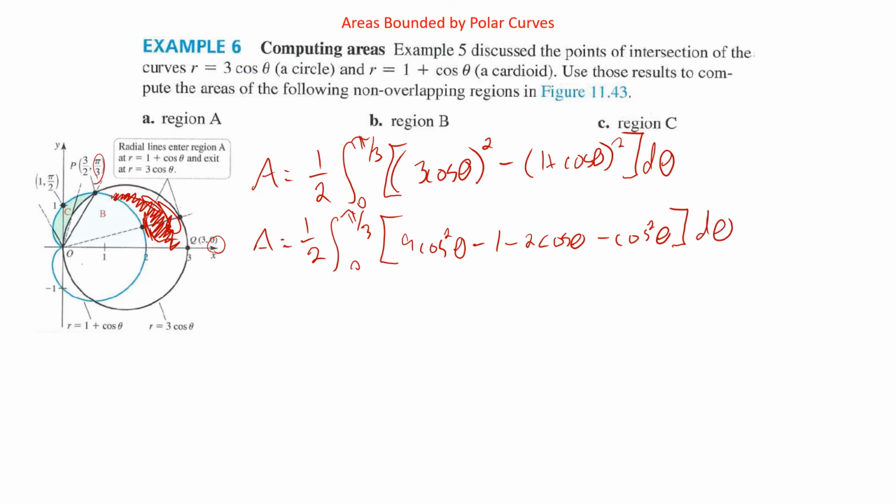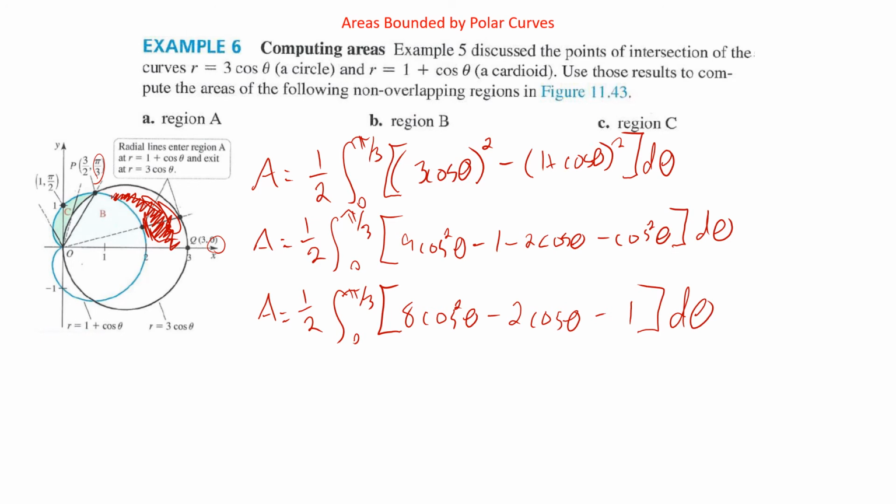d theta. And then we can combine our like terms. So A is 1/2 integral from 0 to pi over 3 of 9 cosine squared minus cosine squared will be 8 cosine squared theta minus 2 cosine theta minus 1 d theta.